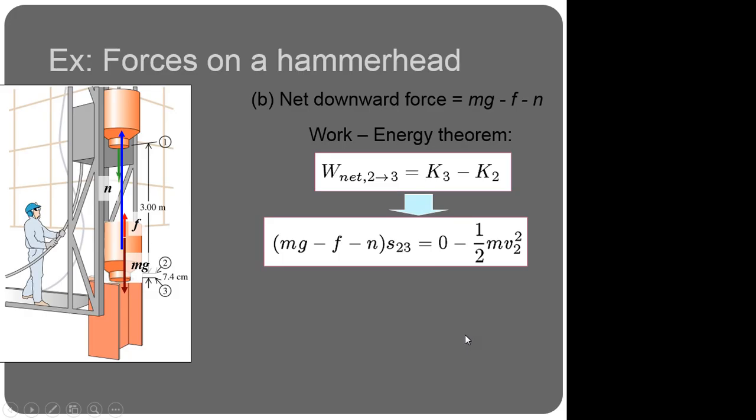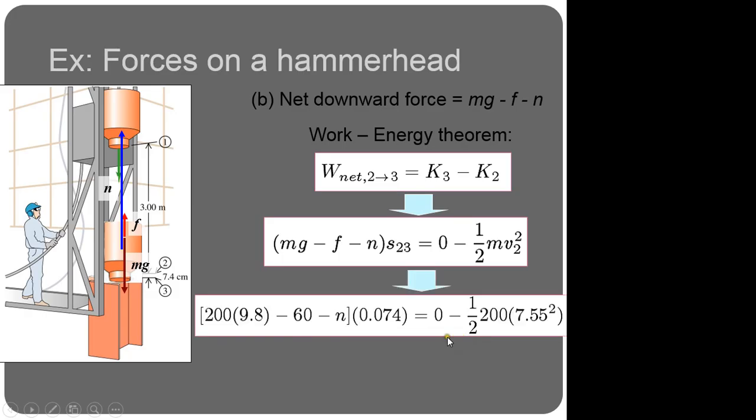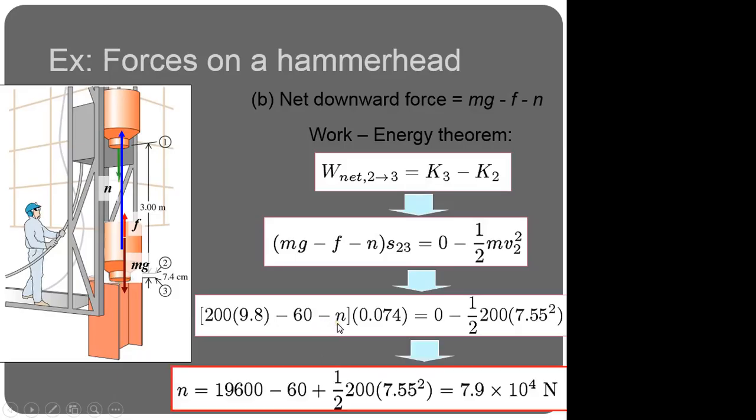Working this out, N is the force of the I-beam on the hammerhead. But using Newton's third law, we can say that it's also the force of the hammerhead on the pile. So we find N is actually 7.9 times 10 to the power 4. There are more intuitive ways to explain this.